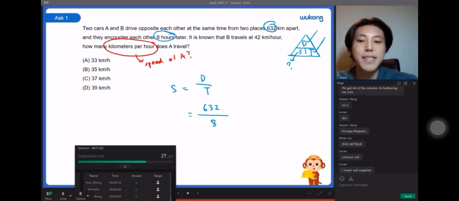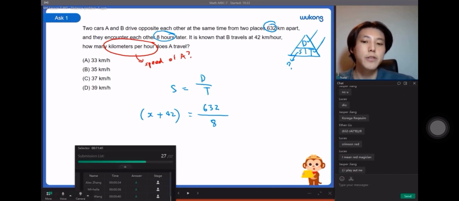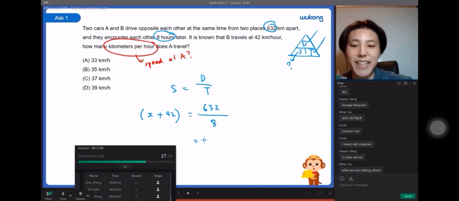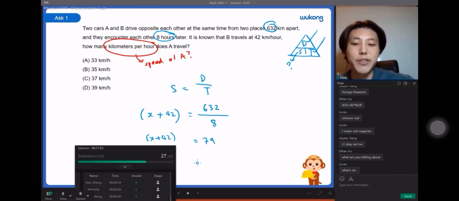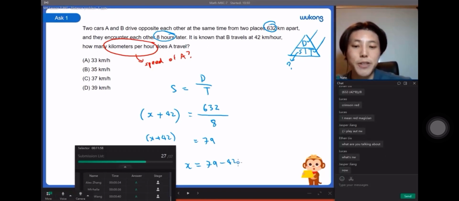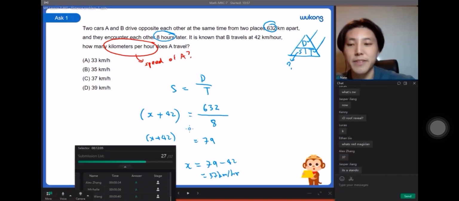It'll be, let's just say x for the speed of A, plus 42 kilometers per hour, equal to 632 over 8. Now, what's 632 divided by 8? That's 79. And all you have to do is just algebra, right? 79 minus 42 is going to equal 37 kilometers per hour. And that's why C is the correct answer here.